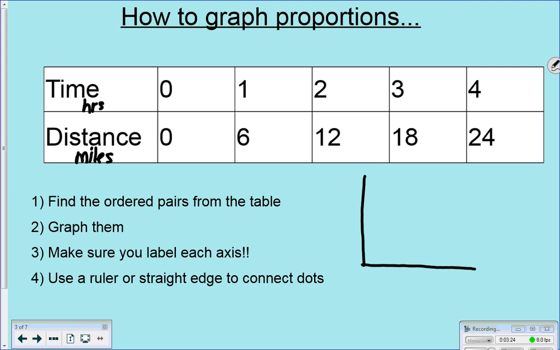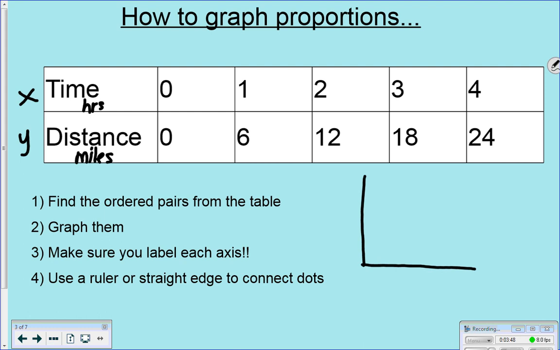That's the start of my graph. Remember, when you have a table or a graph, something's always your x and something's always your y. Remember that part?